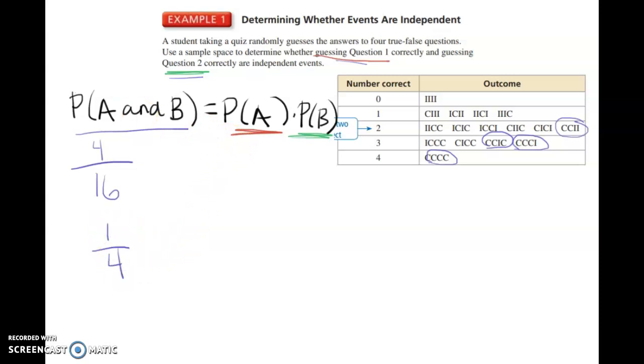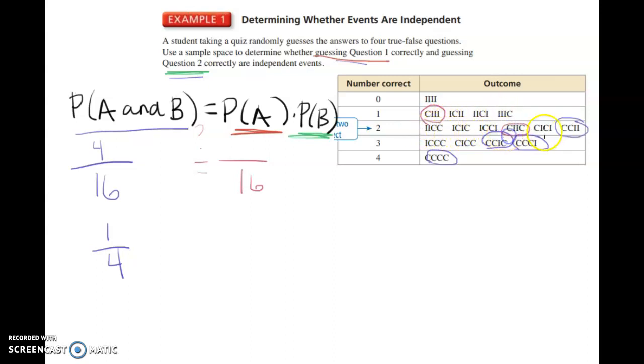Now what about the probability of A? The probability of A is getting question 1 correct. We still have 16 options. Now what's the probability that we get question 1 correct? Not here. Here, question 1 is correct.